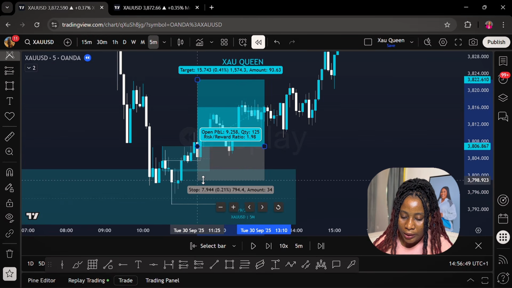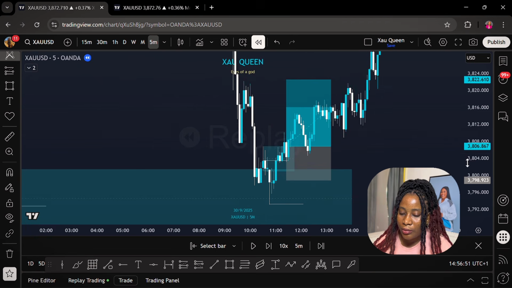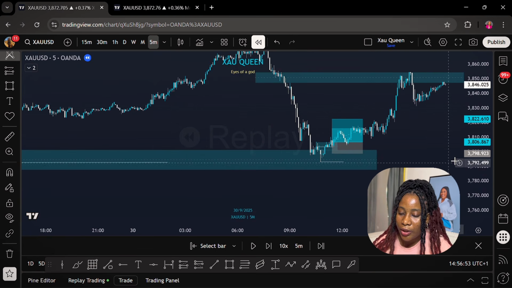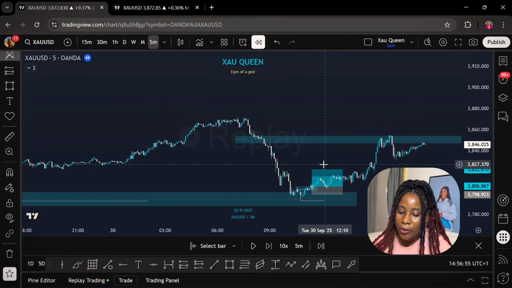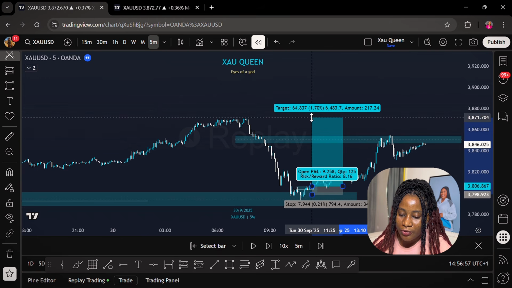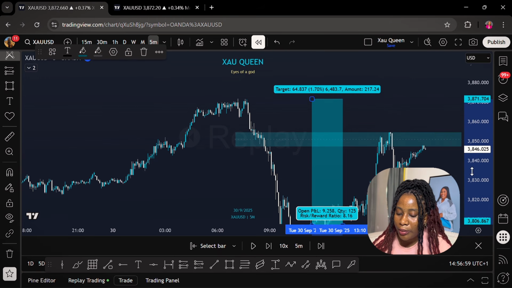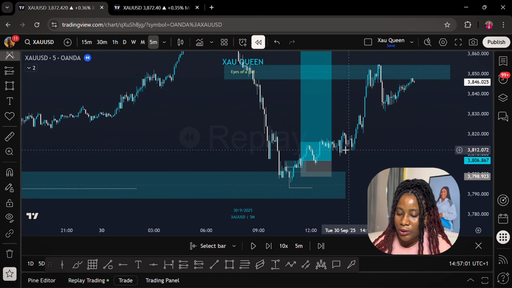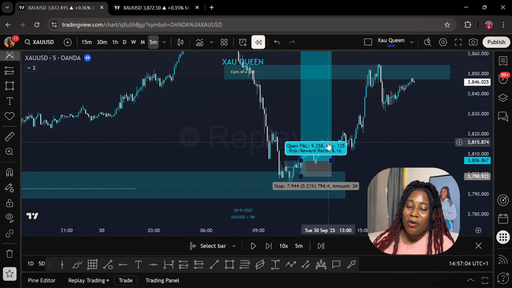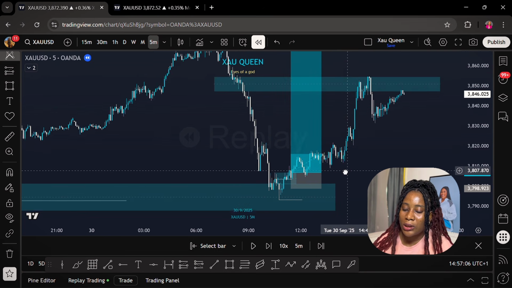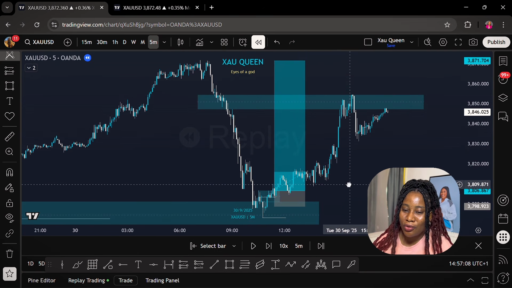That's another thing you can use in case you say, oh, what if I don't see an FVG? You can use the breaker block. You can see this is also 1 to 8 RR. So confirmation entries will save you from blowing a lot of accounts and taking a lot of losses.